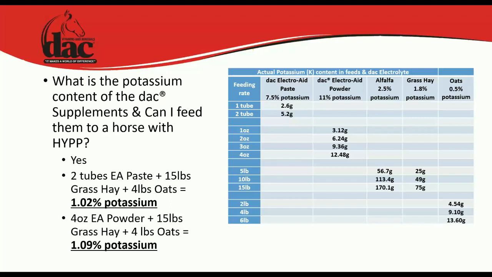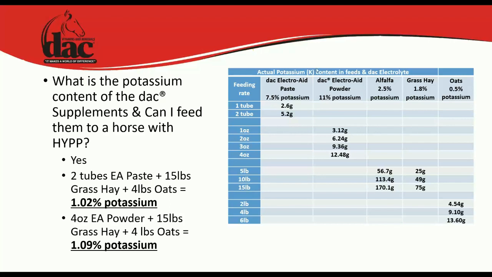So you can see here, when you look at the electroaid paste, the electroaid powder, alfalfa, grass, hay, oats, this is where we go back to percentages, and they're meaningless unless you attach them to an actual value. So if all we do is we look at the actual quantity of potassium that's in the product and we make our determination based on that.